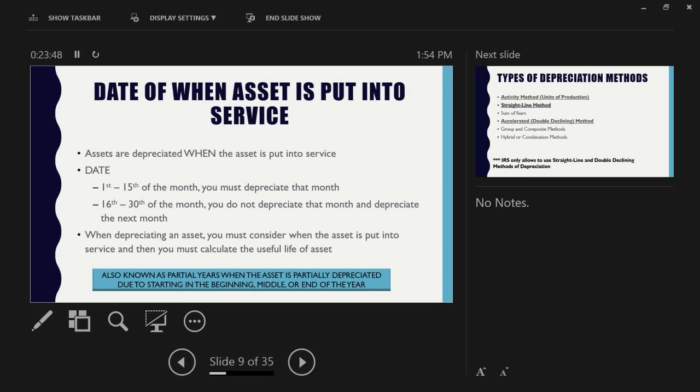Okay? Now, this applies for any time that you make a purchase of an asset. So, for example, I just recently bought my printer in June of last year, right? And when you're calculating depreciation, it's actually for the whole year, okay?